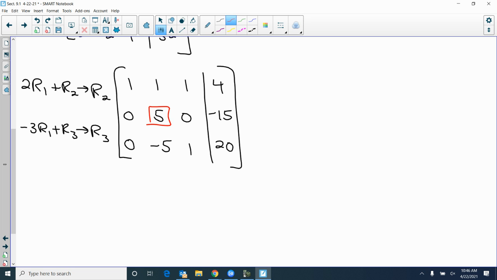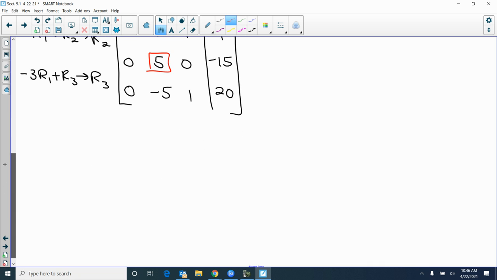Oh, yeah. When you want to make things a 1, think multiply. What times 5 gives you 1? 1/5. Because by multiplying, you're not really going to change anything else. Because when you add, a lot of times you never want to make either of these zeros another number. So I'm going to multiply by 1/5 times row 2.